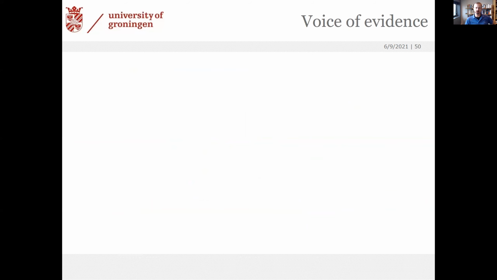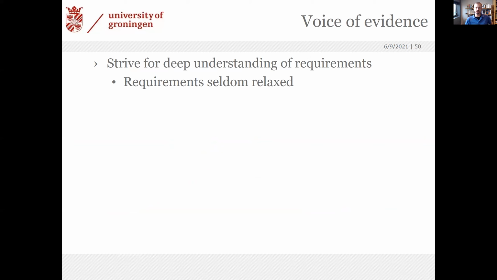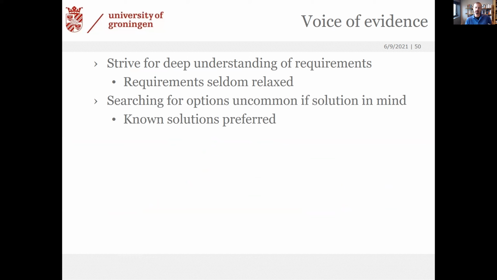What was the result of our survey? We found out that architects usually try to get a very deep understanding of the requirements. So they spend a lot of time doing that. But as soon as they have the requirements, afterwards, they actually seldom relax those requirements. They also don't usually search for options if they already have a solution in mind.